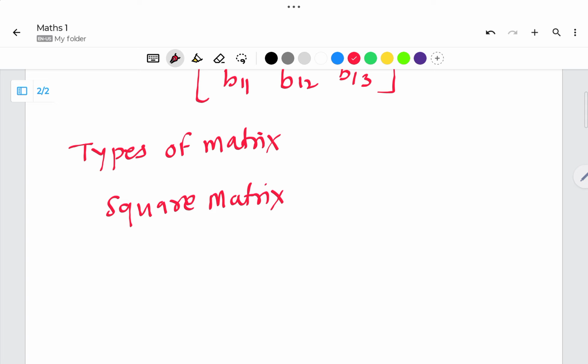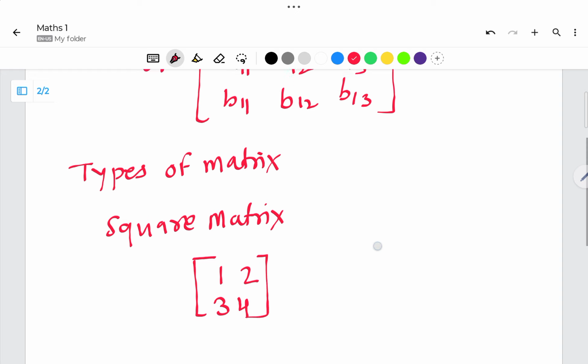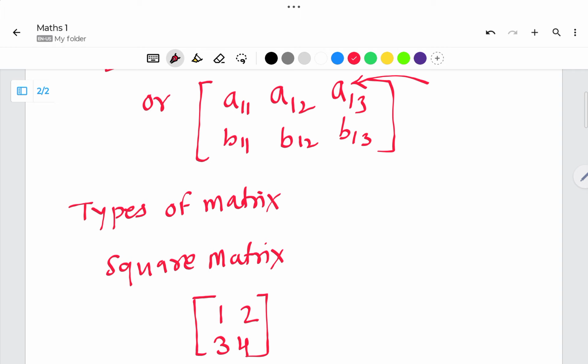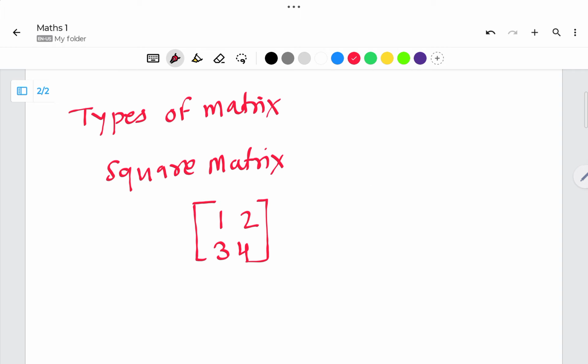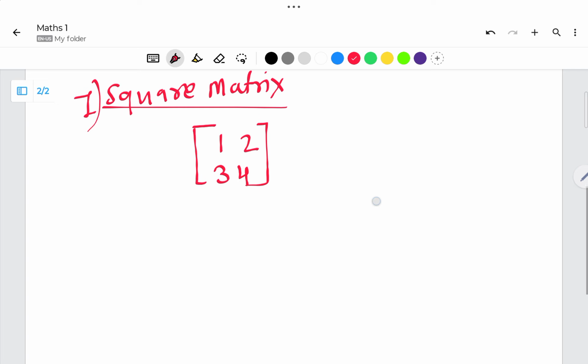If I write the matrix in a box like this, 1, 2, 3, 4, I can write any number, or I can write variables, elements, or numbers also. Then it is called a square matrix. First one, this is a square matrix.